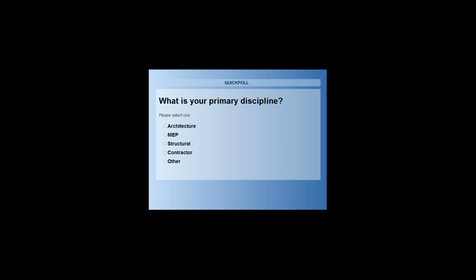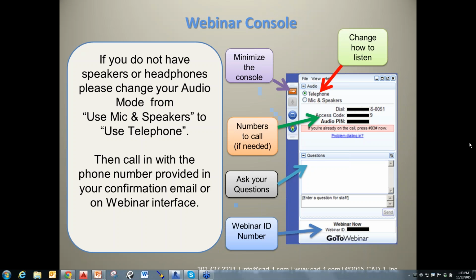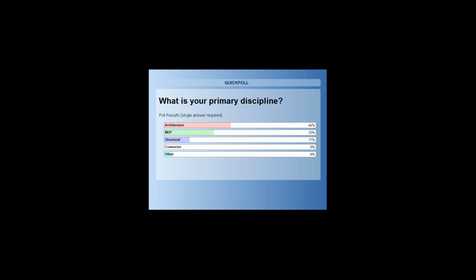And just share the results. So it looks like half the audience is architecture, a fair third MEP, structural following closely, and other is 6%. I'm curious, whoever's in the other, if you want to type that in the question field, just to say what you're doing.